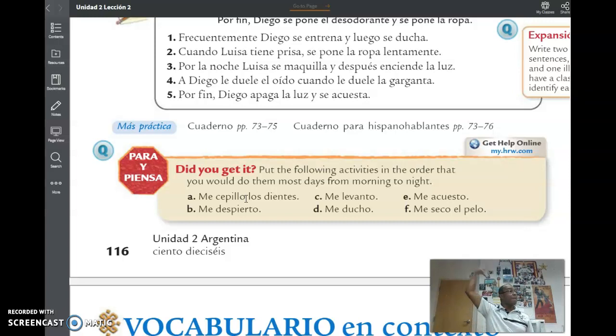Muy bien. Me ducho. Muy bien. Me acuesto. Me cepillo los dientes. Muy bien. Me acuesto. Me seco el pelo.